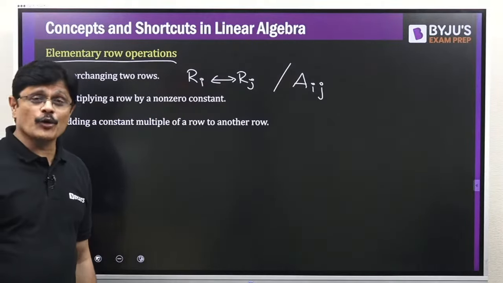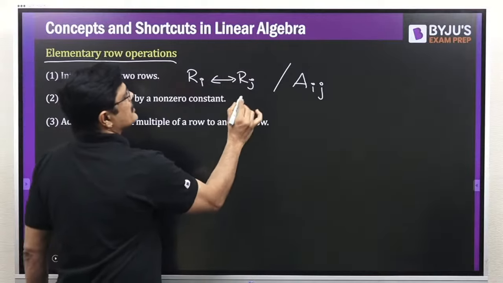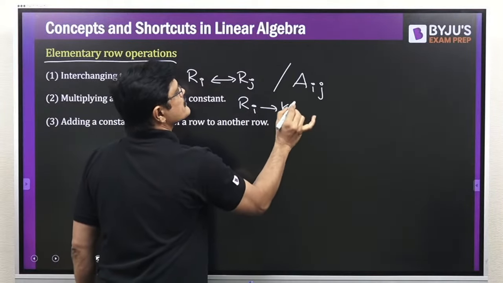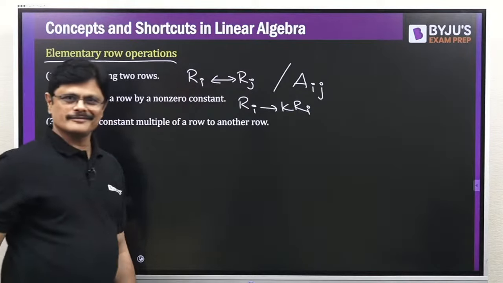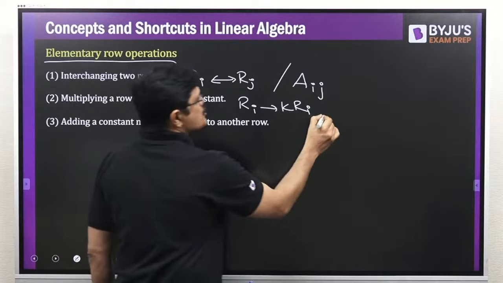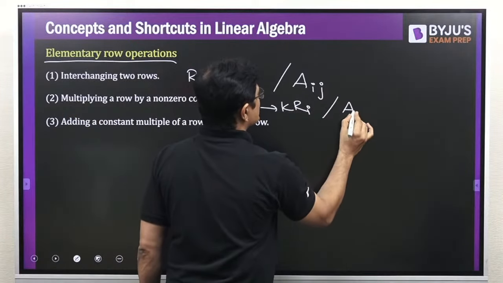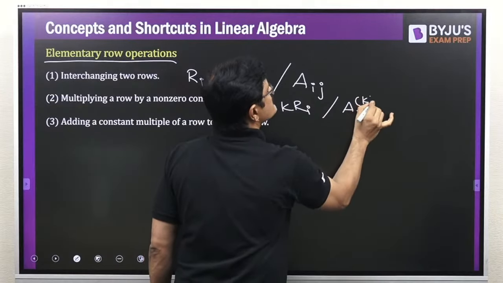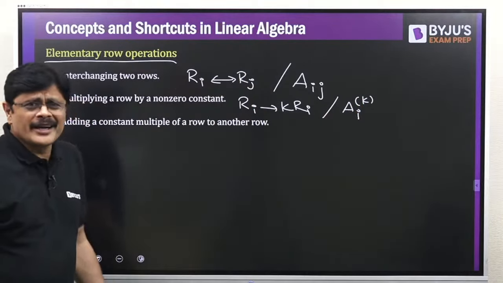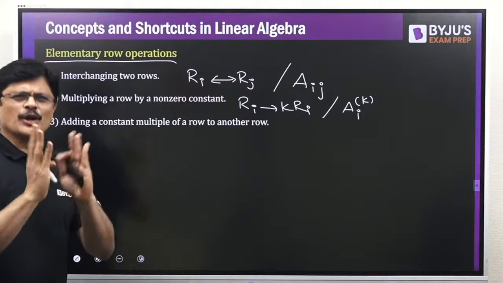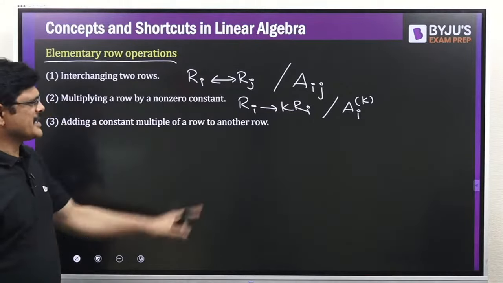We have to multiply a row with a non-zero constant. And what is the short notation for this? People also write it as Ai(k). Don't read it as Ai power k. It's simply the notation Ai of k. That is another notation for this.